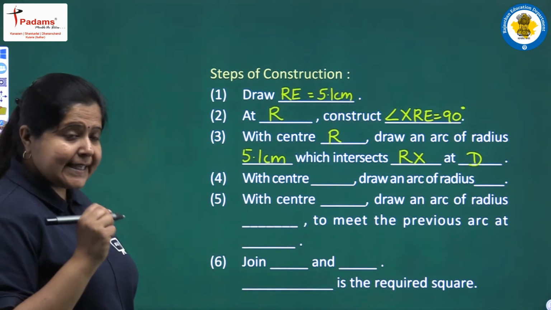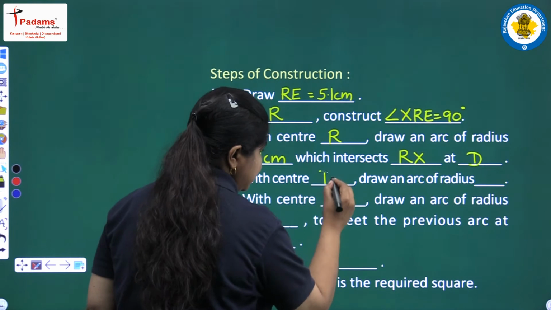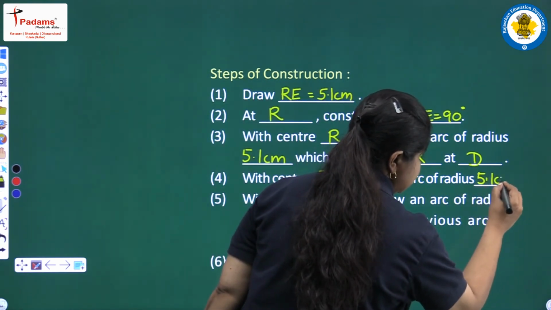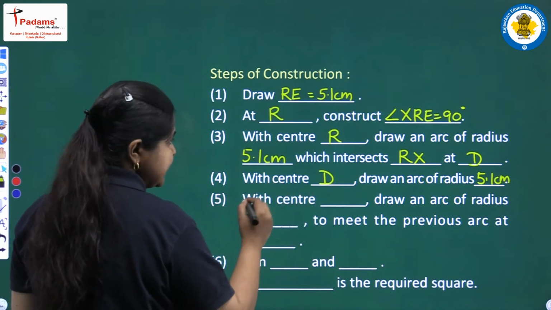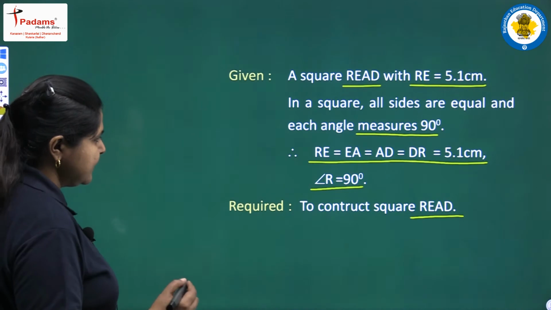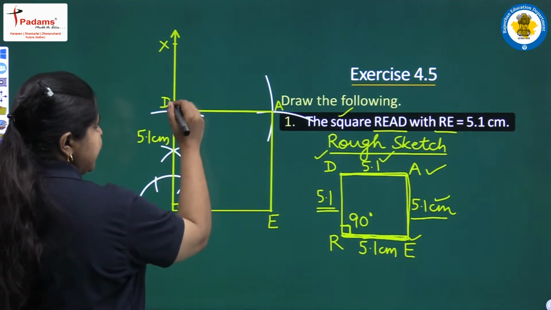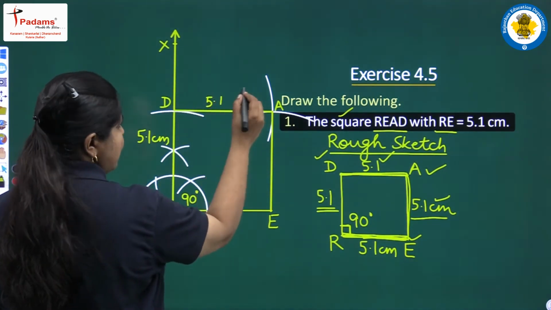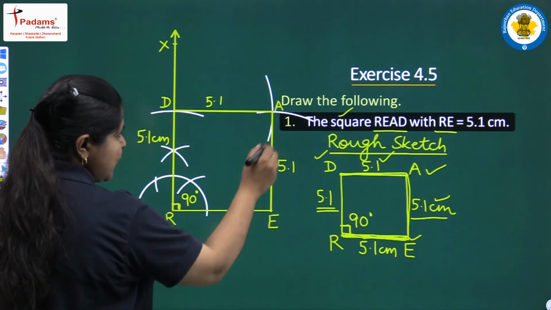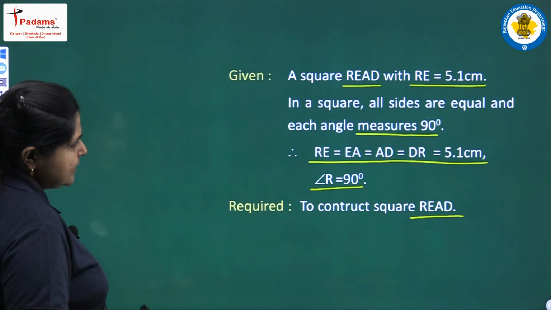And then with center D, draw an arc of radius 5.1 centimeter, and with center E, you can relate this with the figure. First with center D and radius 5.1, draw an arc, then with center E and radius 5.1, draw another arc. So we are writing it here.